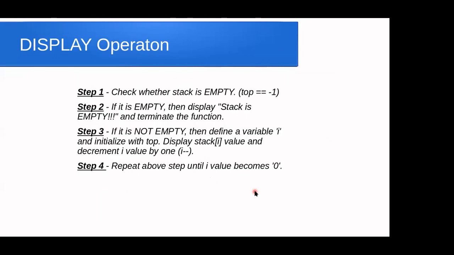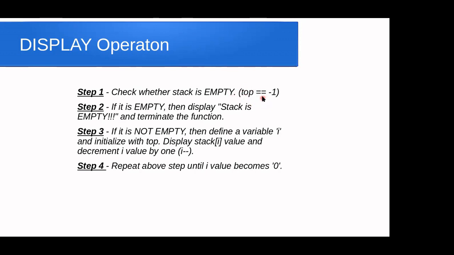Next, one more operation we need to learn: the display operation. Here it is simple, just displaying the elements available in the list. Step 1: check whether the stack is empty. How to check that? By using the top pointer.